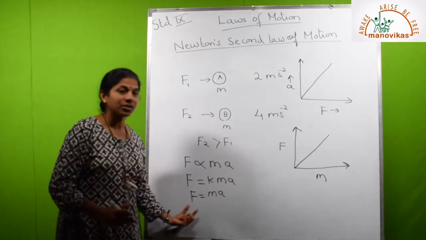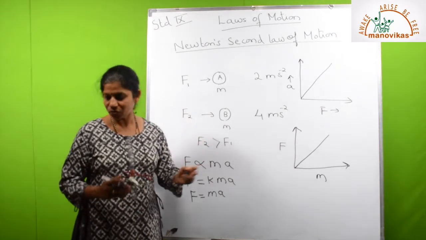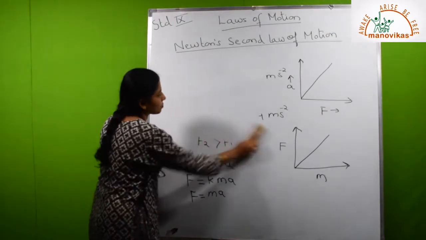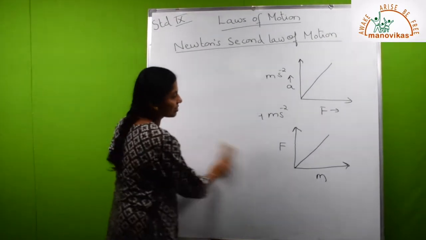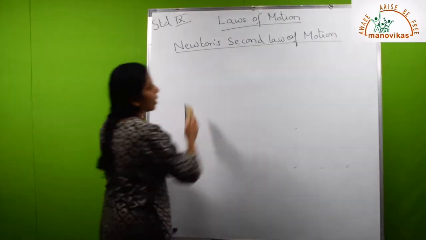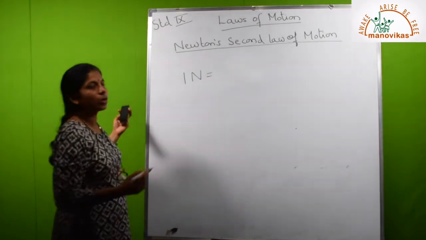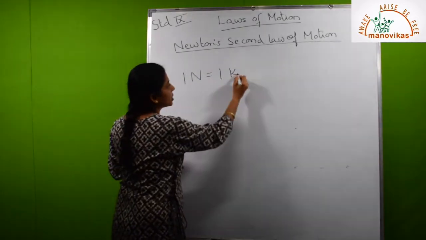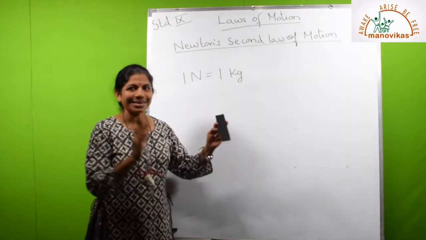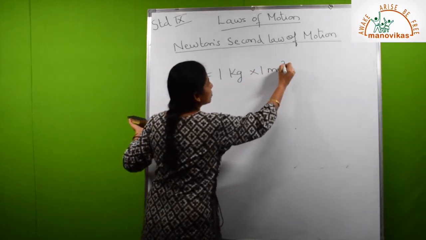Now from this definition of force I can define the unit of force as 1 Newton. So when do you say the force applied on an object is 1 Newton? 1 Newton of force is applied on an object having mass of 1 kg, and that object accelerates at the rate of 1 meter per second square.